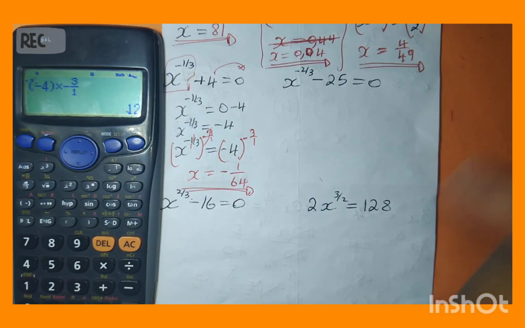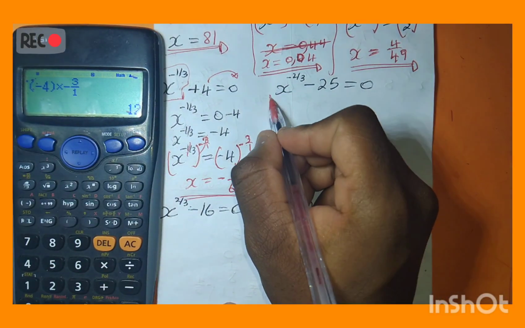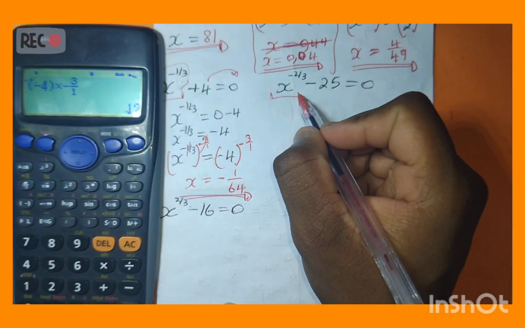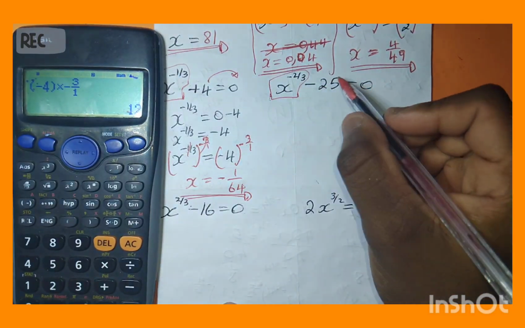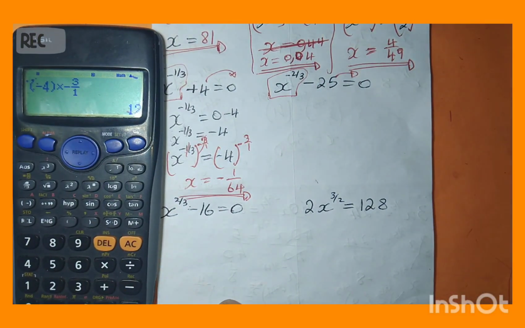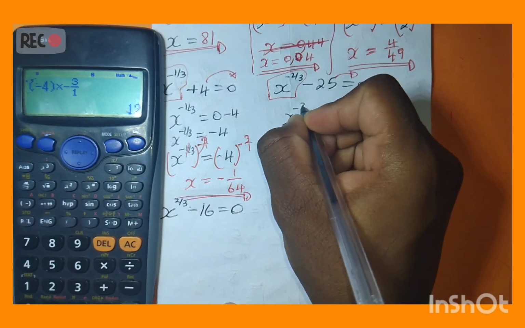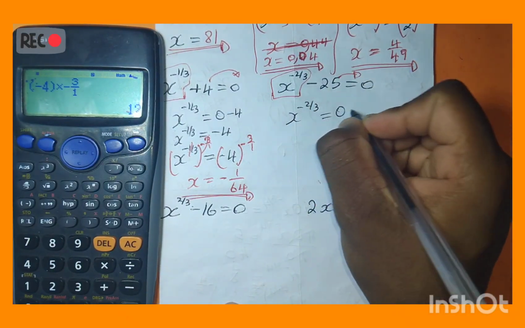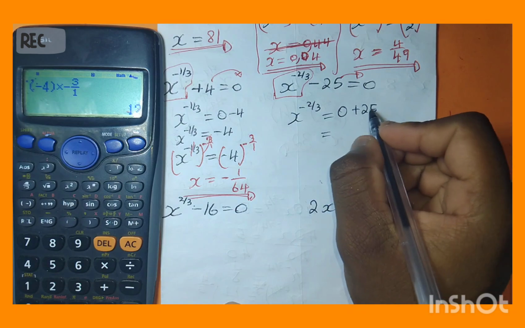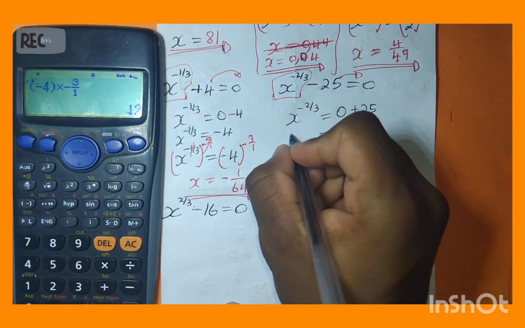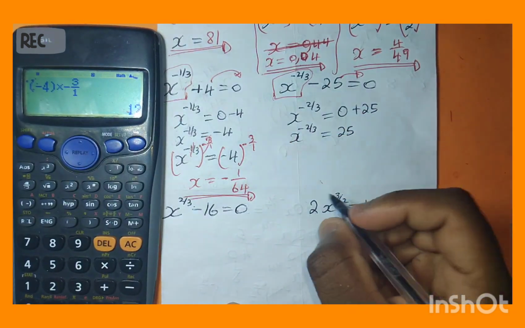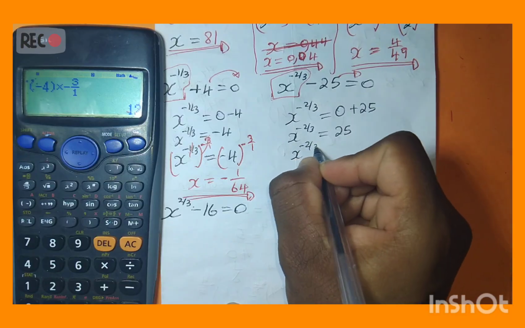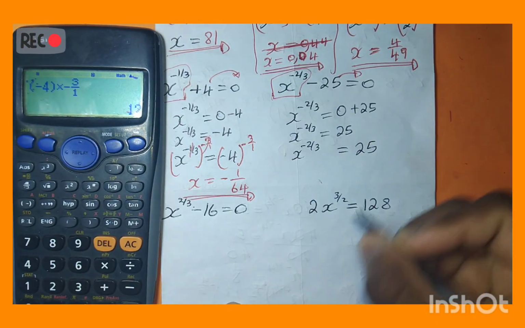And even as well as this one, in order for me to take a reciprocal of that, I should make all of this alone by taking that thing to the other side. Meaning that thing will just change the sign, become like this, which is plus 25. But that 0 will disappear. This is what you will have, 2 over 3. And now in this case, I can take a reciprocal of the exponent fraction.